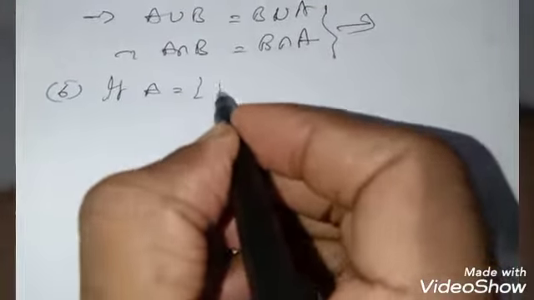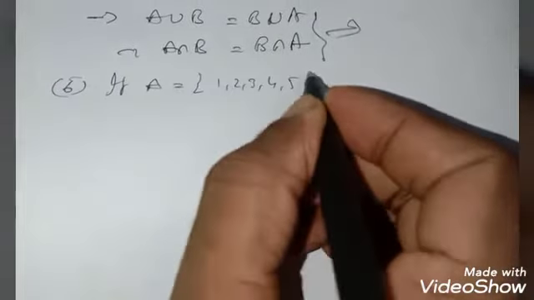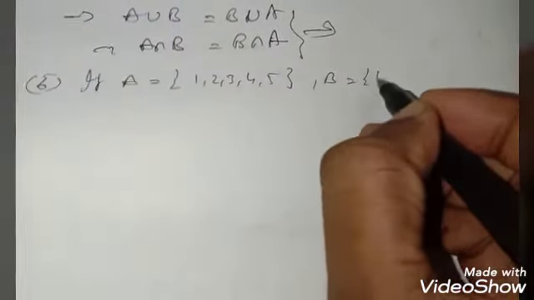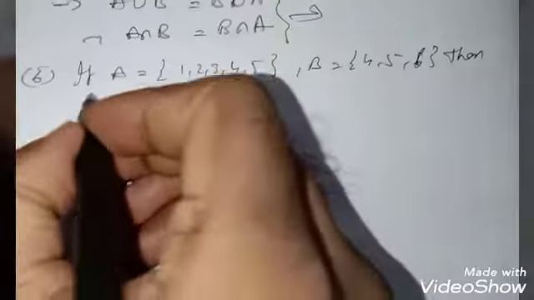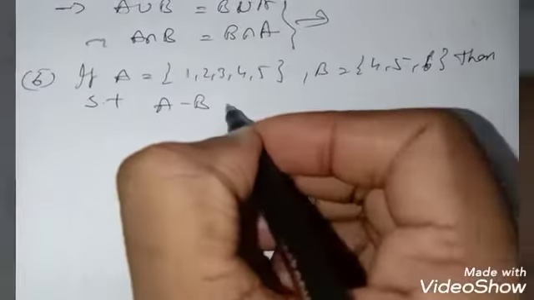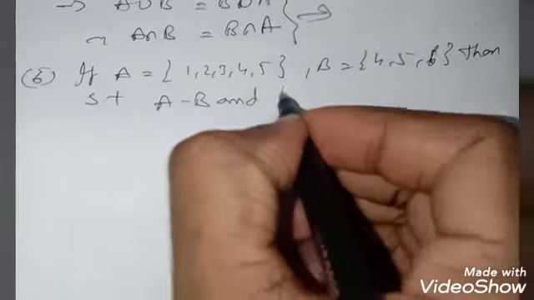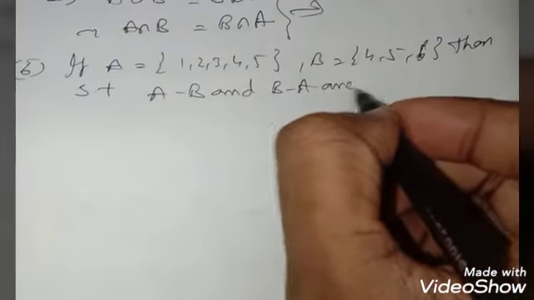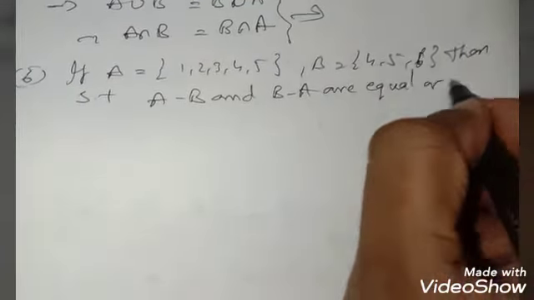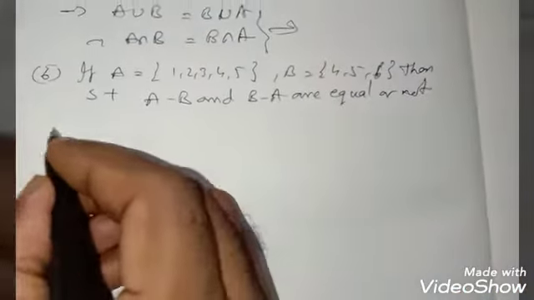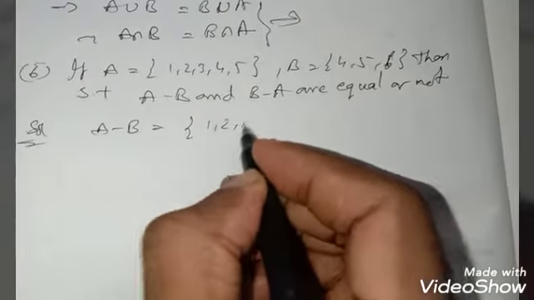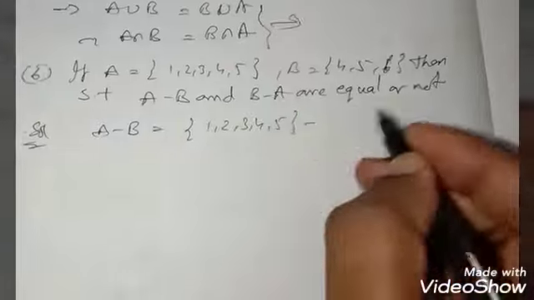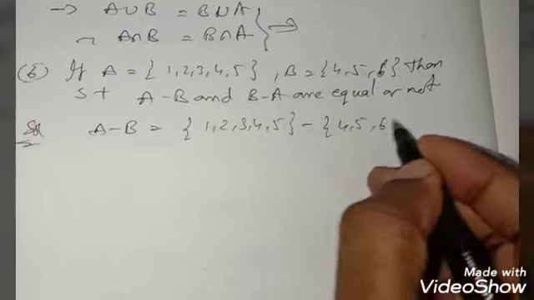Next, the sixth one: if A is equal to {1, 2, 3, 4, 5} and B is equal to {4, 5, 6}, show whether A minus B and B minus A are equal or not. First find A minus B, that is {1, 2, 3, 4, 5} minus {4, 5, 6}.